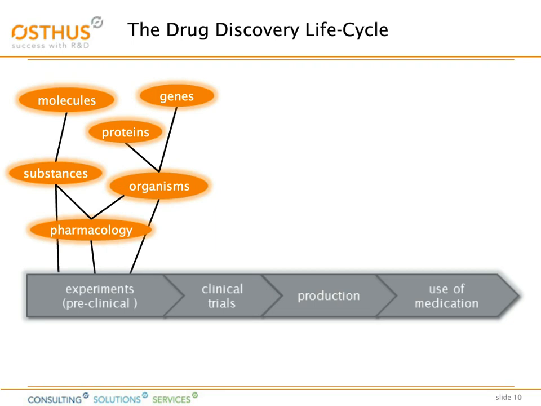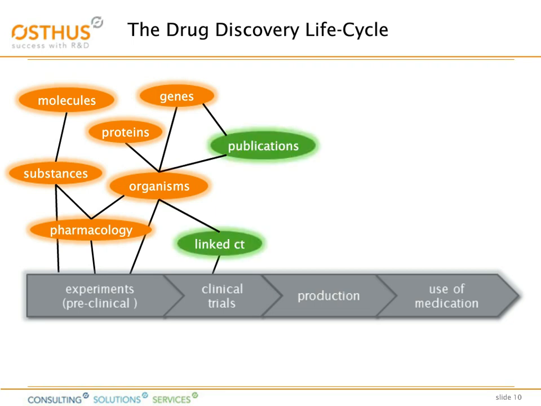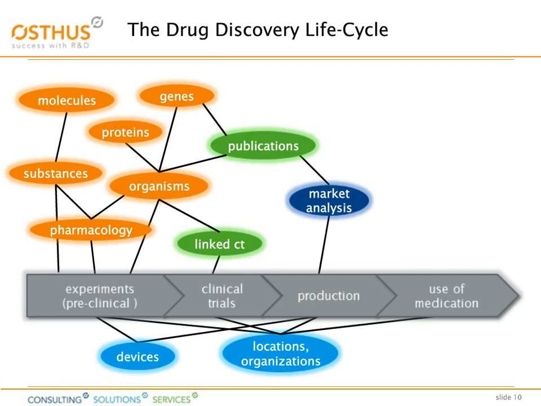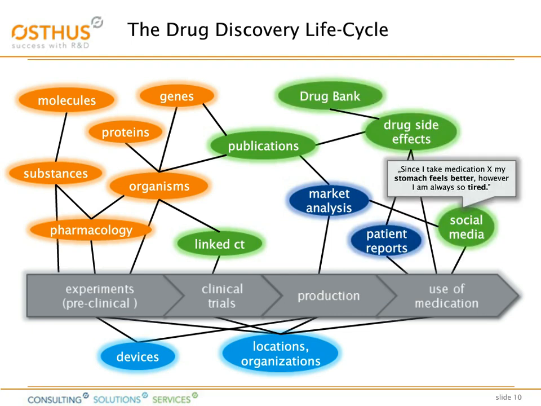Then at clinical trials, you may want to compare your results to publicly available resources such as linked clinical trials or publication data. In the next phase, production, things like devices, production plants, locations, and different organizations are relevant. And finally, when medication is applied, patient reports or even social media sites like, for example, PatientsLikeMe are relevant and provide another resource of available data.